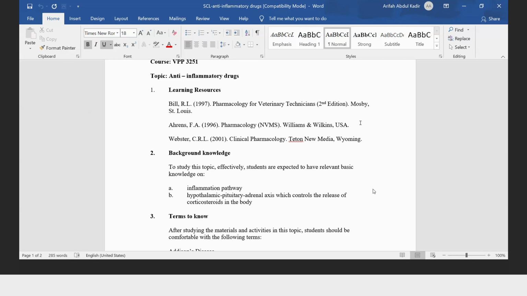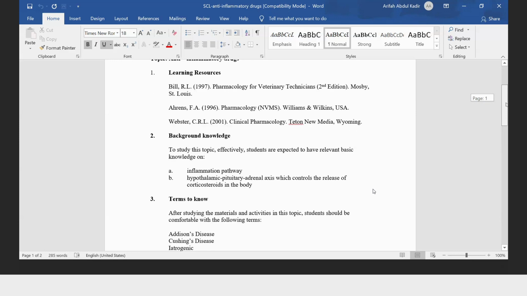The basic concepts you can refer to medical books, but when it comes to drug doses, you cannot refer to medical books. You have to be very specific and refer to veterinary books. This is just a guideline. You can write in your references later what books were used for this exercise.